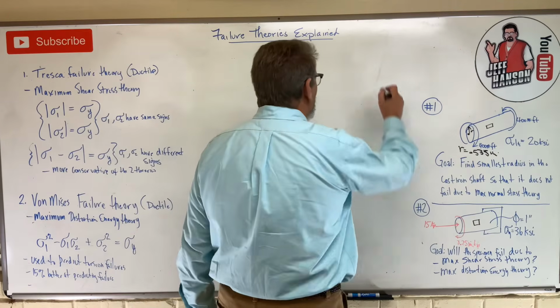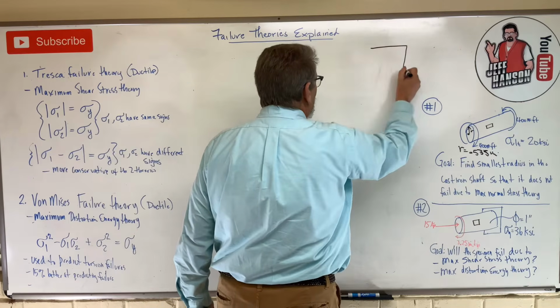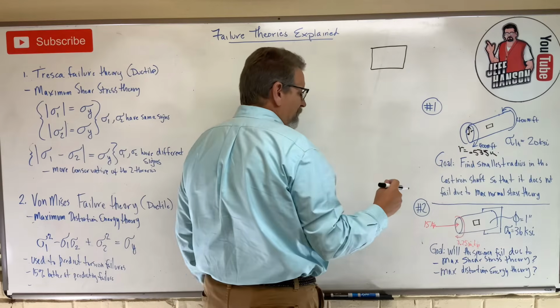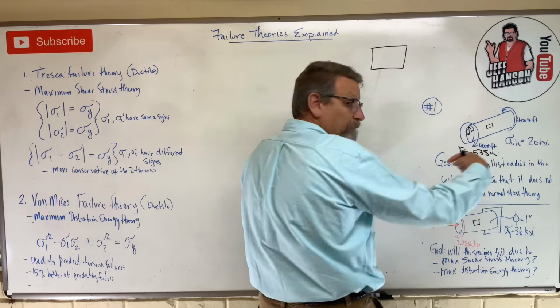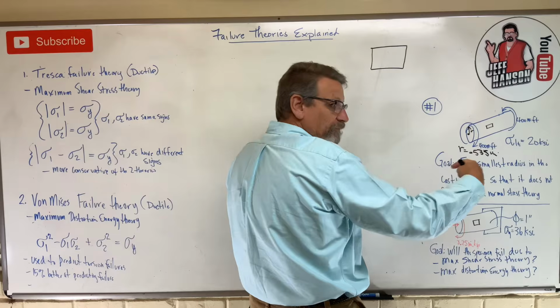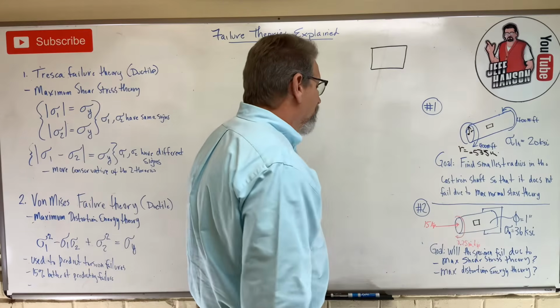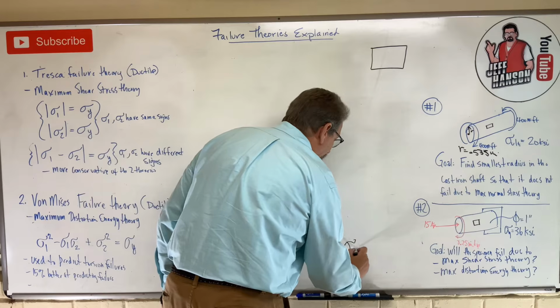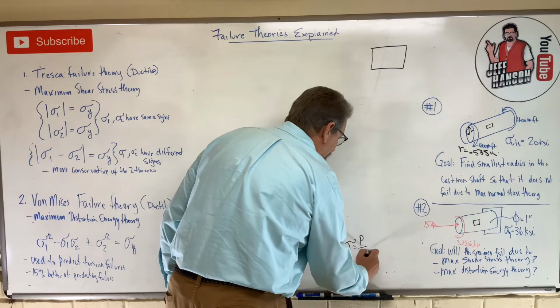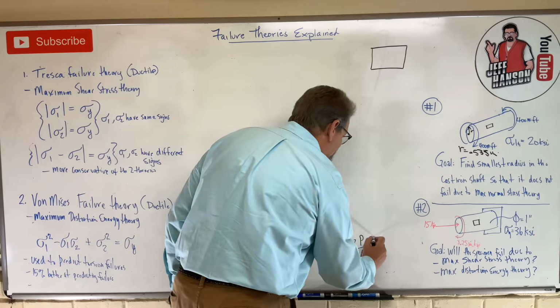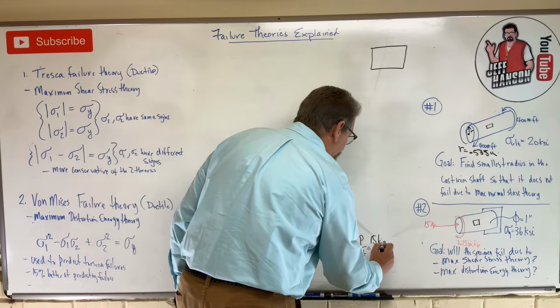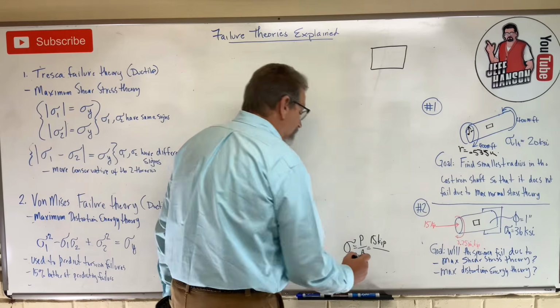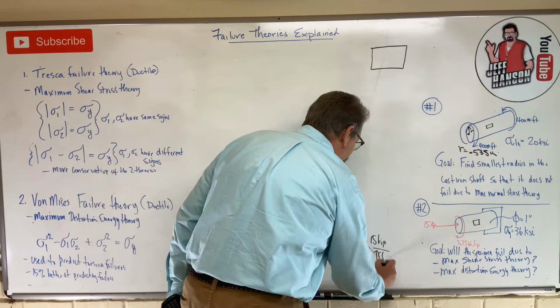So if I'm that little stress element, what am I feeling? I think I'm feeling a compression. I think I'm feeling a P over A, don't y'all? So sigma equals P over A equals what? 15 kips divided by A, which is pi times r squared.